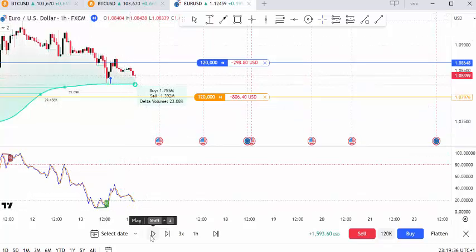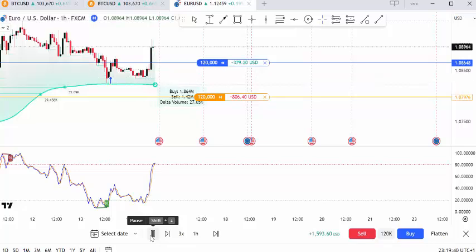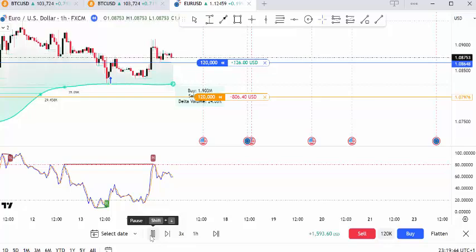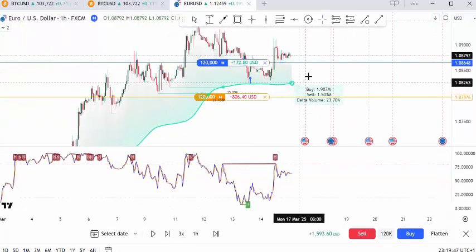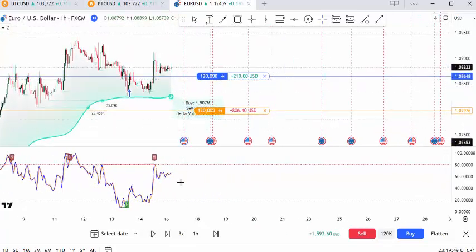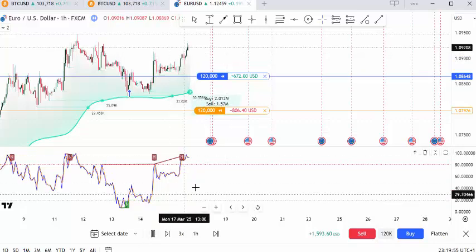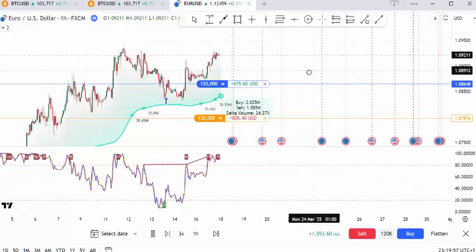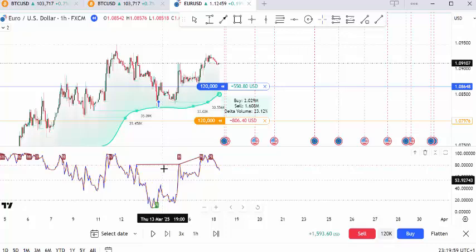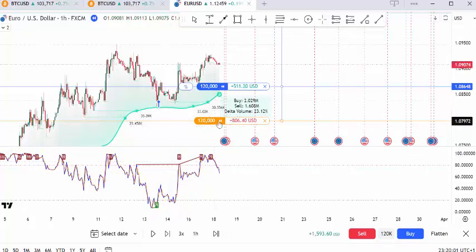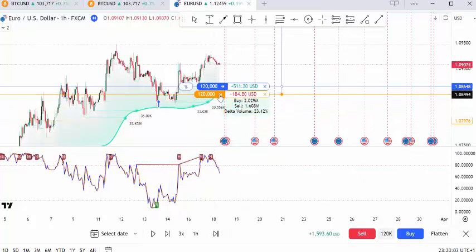The trend switching from a bullish trend to a bearish trend. I'm still watching. Okay. Now what do we do? We break even, right? Bring our stop loss closer.